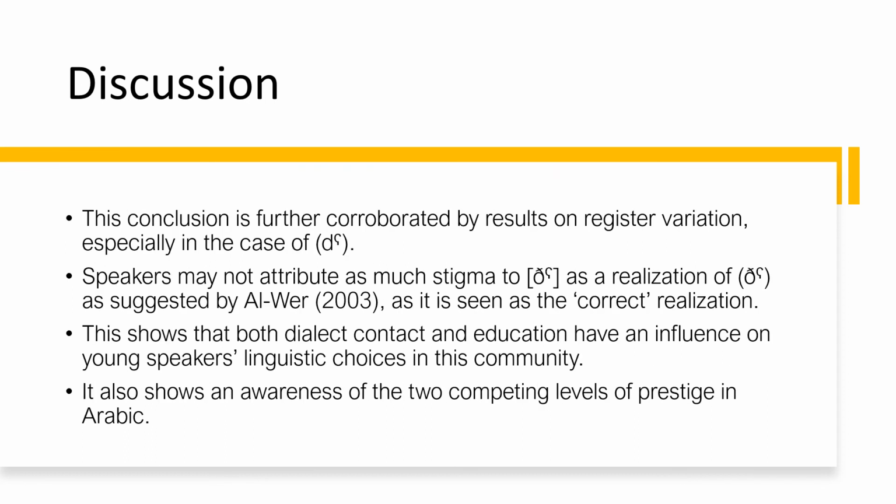This is further corroborated by results on register variation, especially in the case of da, as we've seen before. It seems that these speakers may not attribute as much stigma to the interdental fricative as a realization of the, as suggested by Elware 2003, as it is seen as the correct realization, so to speak, and shows that both dialect contact and education have an influence on these young speakers' linguistic choices in the community.